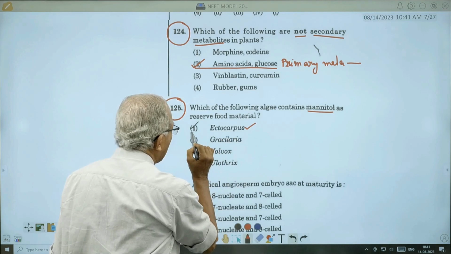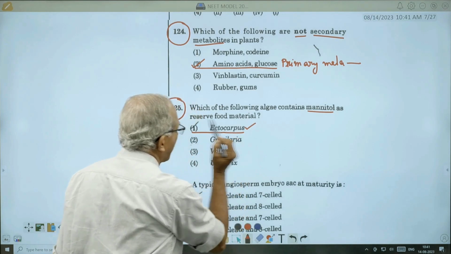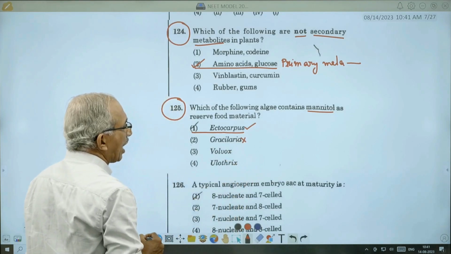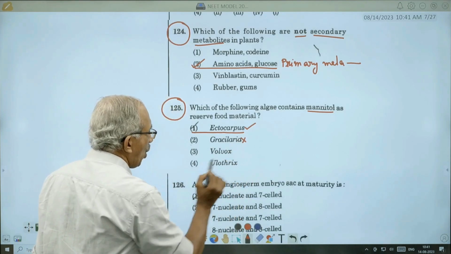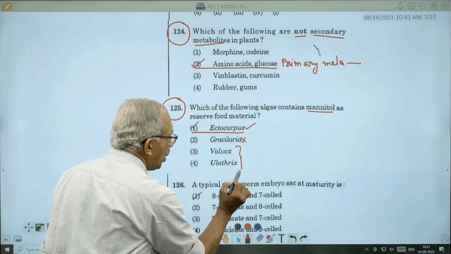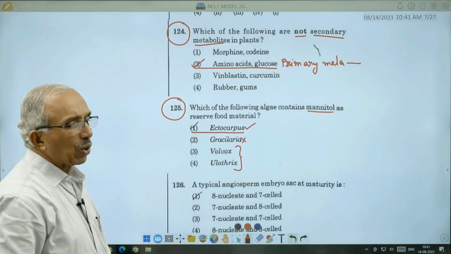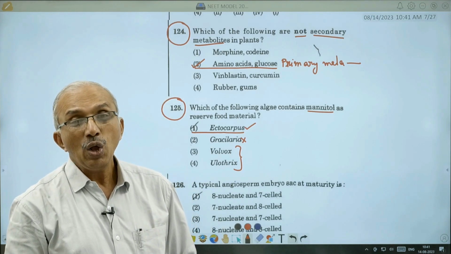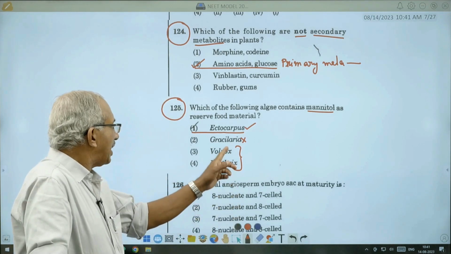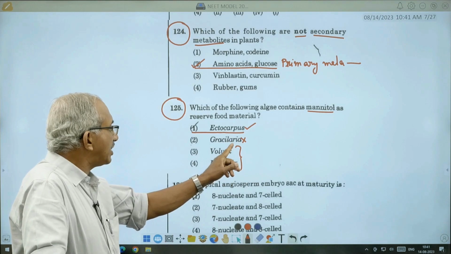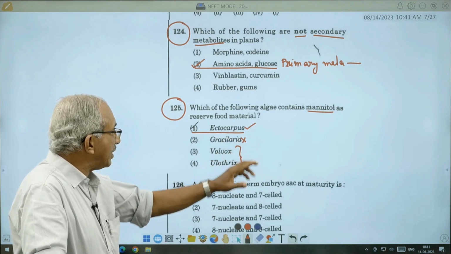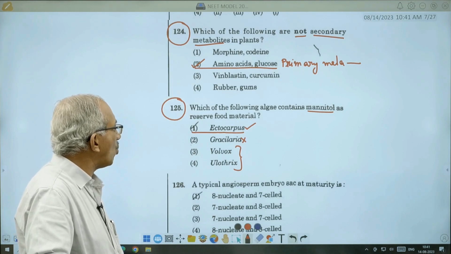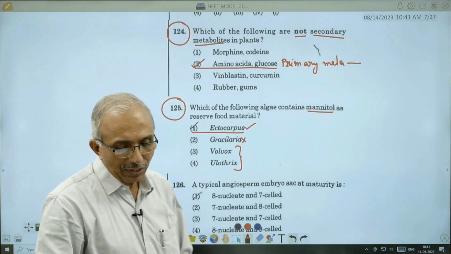Ectocarpus is a Phaeophyceae member. Gracilaria is a Rhodophyceae. Volvox and Ulothrix are Chlorophyceae. So the answer is option 1, Ectocarpus.